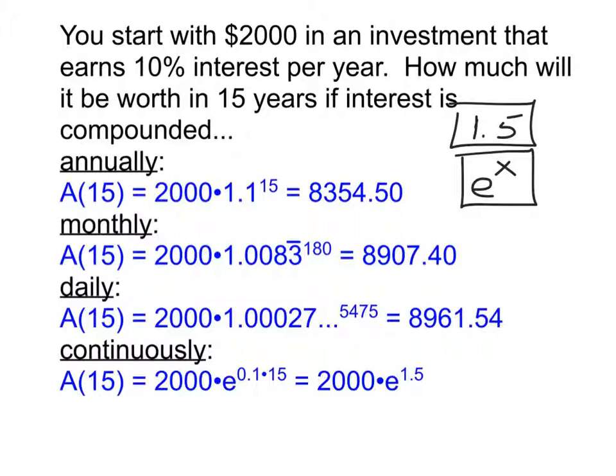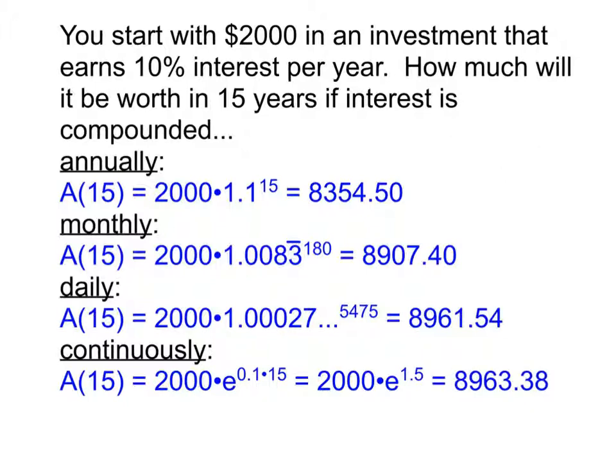And just like on the TI-83s and 84s, it's probably second ln. When you press that e to the x button, it then automatically does e to the power of whatever number you had showing. So the last thing is multiply it by the 2,000. Whichever counting calculator you're using, you should of course get the same answer, which is 8,963.38. Make sure you're able to get that correct answer out of your calculator.